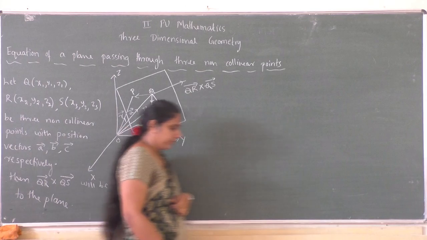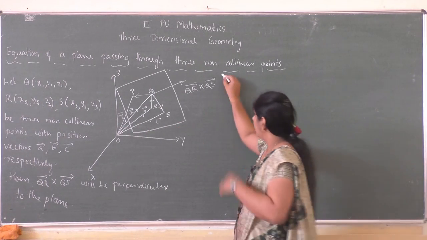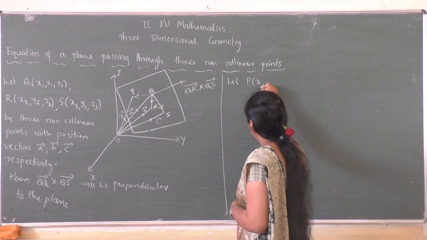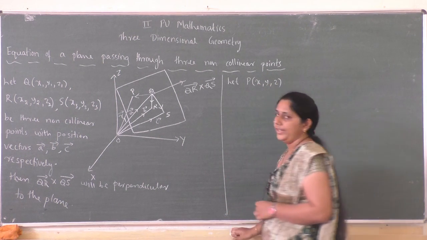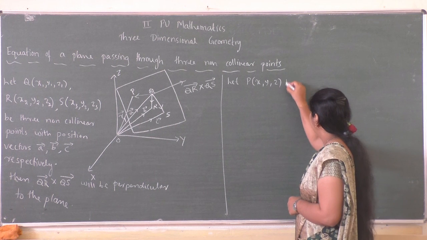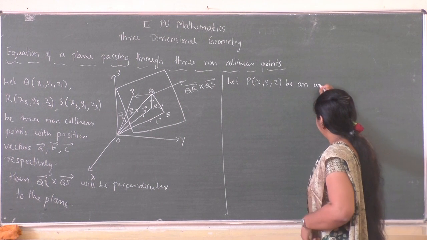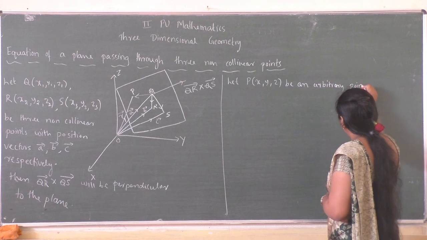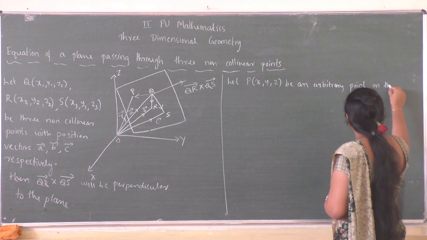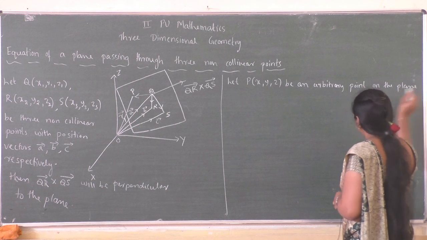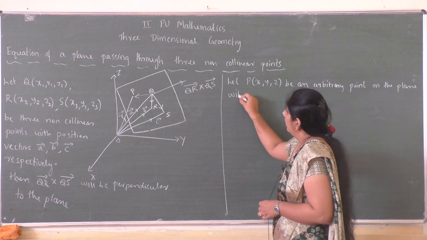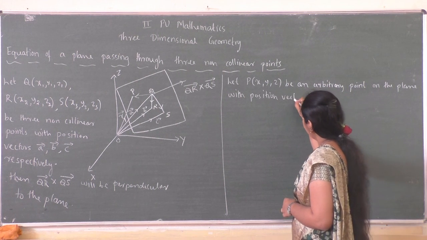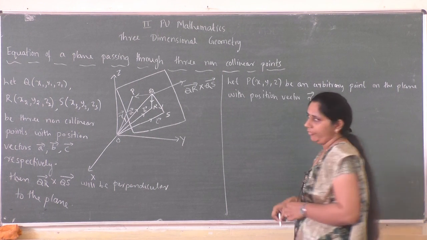So now you have to take the condition: let point P with the coordinates x, y, z be an arbitrary point on the plane with the position vector R vector.